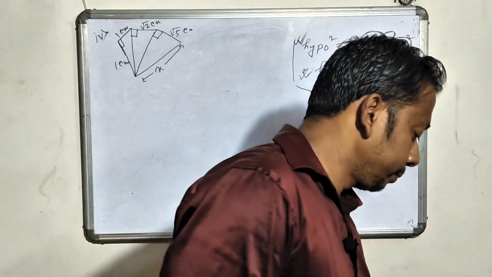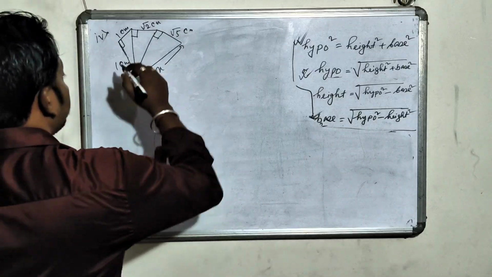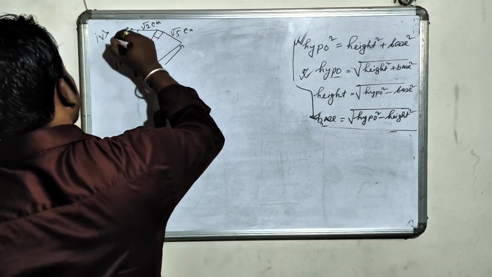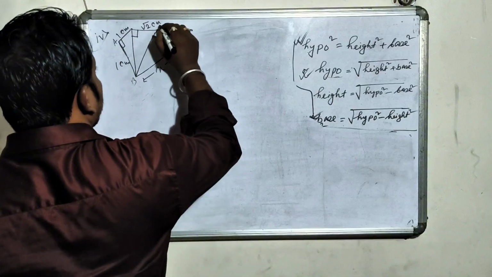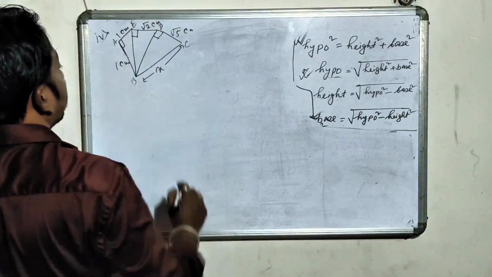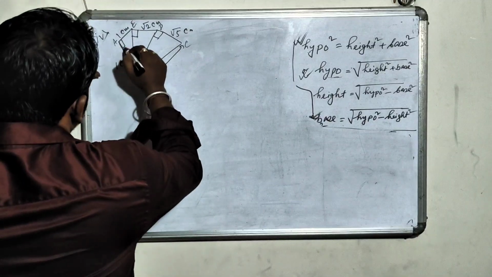Okay. Again, give the name of the figure A, B, C, D, E. First, we have to think about this triangle.